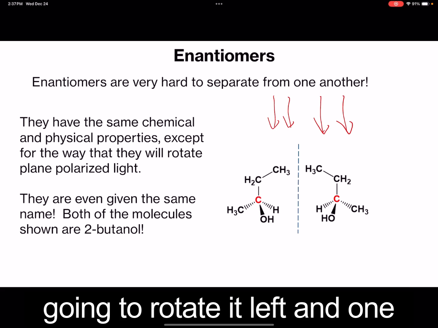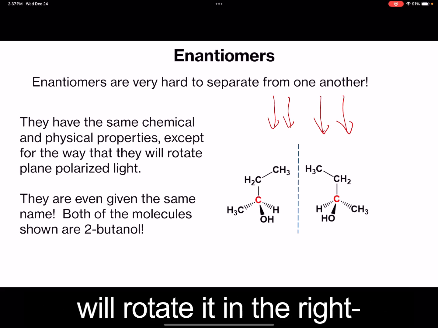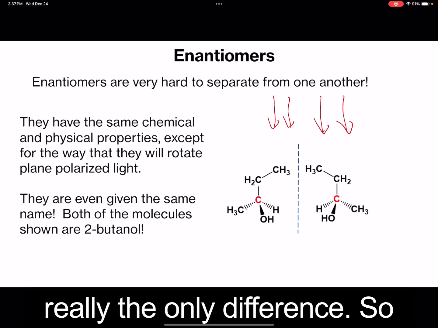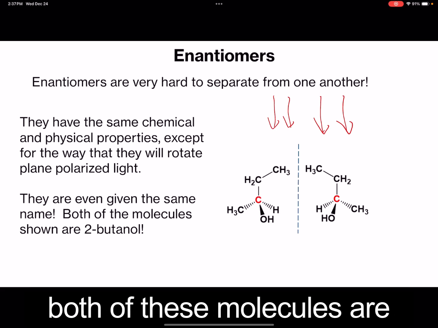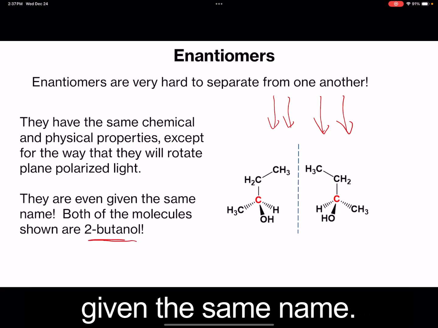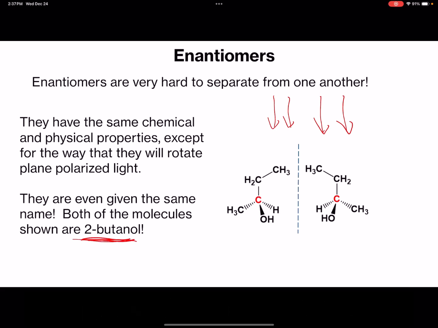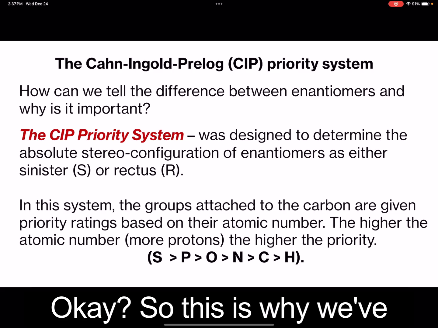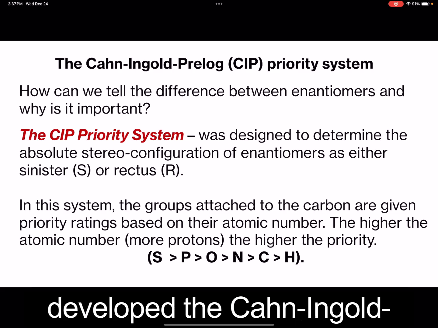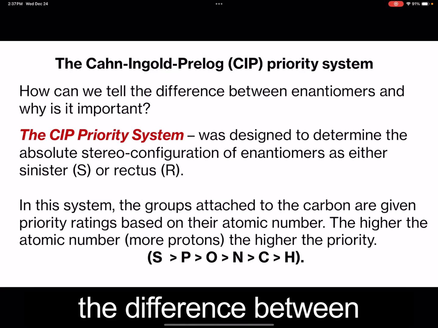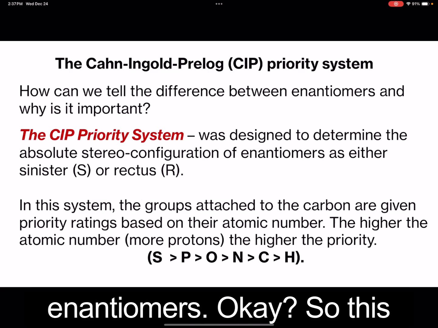One is going to rotate it left, and one will rotate it in the right-handed direction. And that's really the only difference. So both of these molecules are given the same name. They're both 2-butanol. Okay? So this is why we've developed the Cahn, Ingold, Prelog priority system to tell the difference between enantiomers.